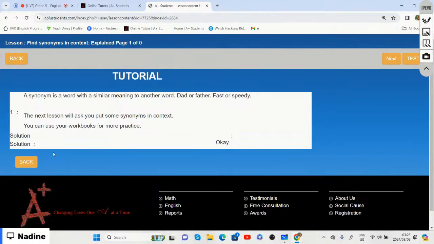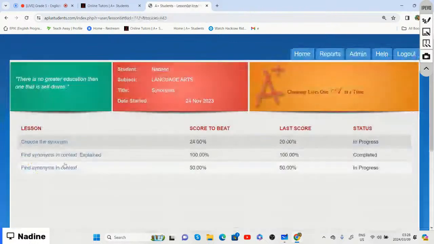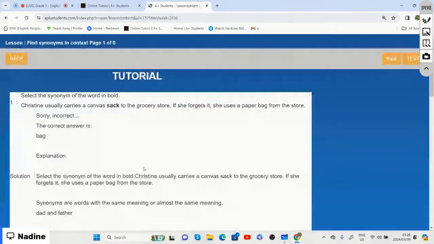So these are also two other words that are synonyms, right? All right. So now we're going to find the synonyms in context.